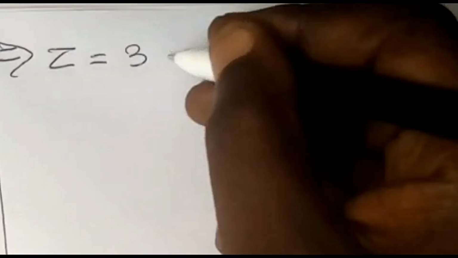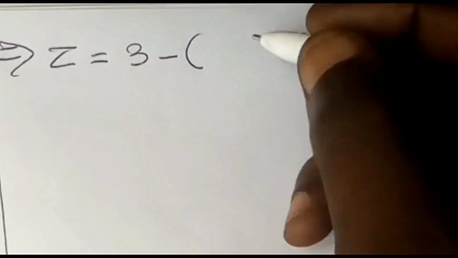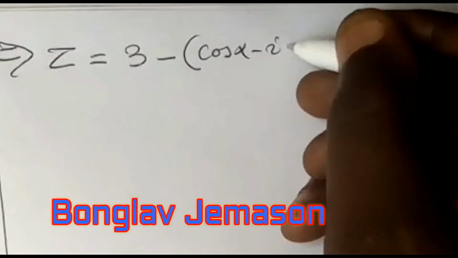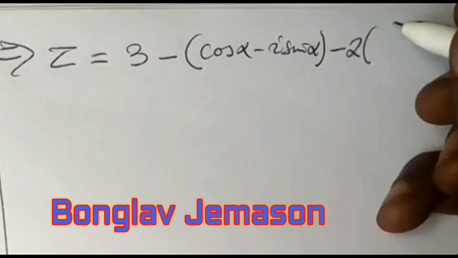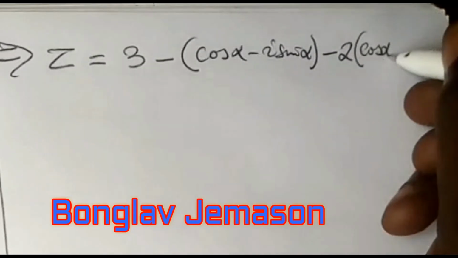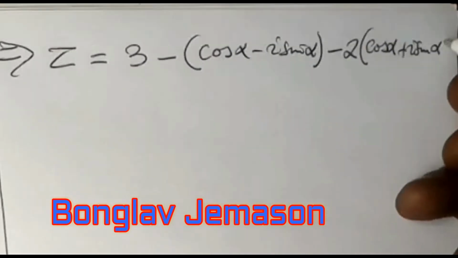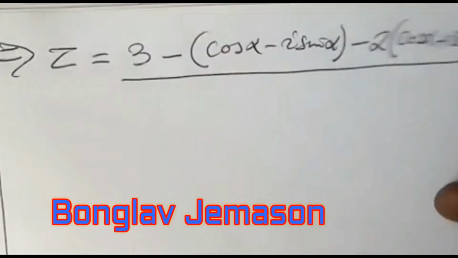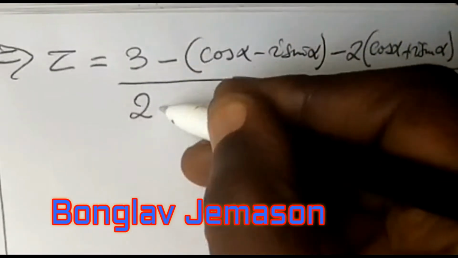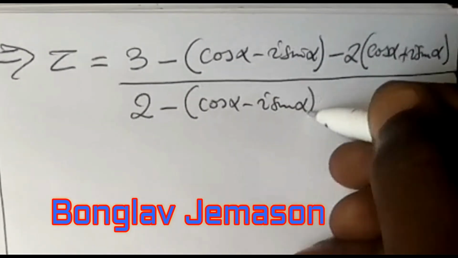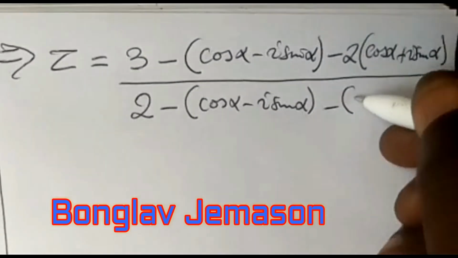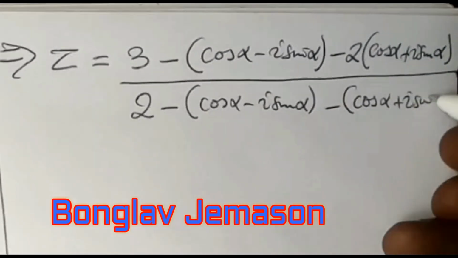We have then that z should be 3 minus e to the negative i alpha, which is the same as cos alpha minus i sin alpha, and minus 2 e to the i alpha, which is simply cos alpha plus i sin alpha, all over 2 minus (cos alpha minus i sin alpha) minus (cos alpha plus i sin alpha).